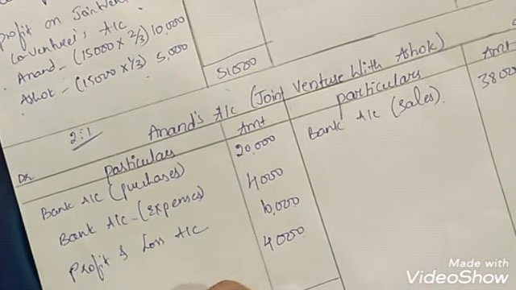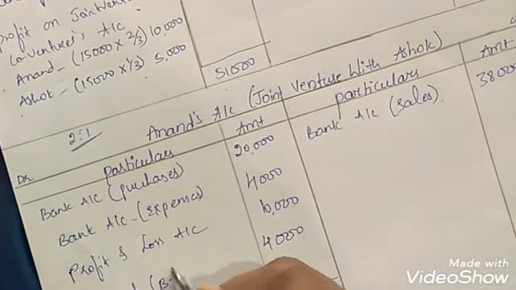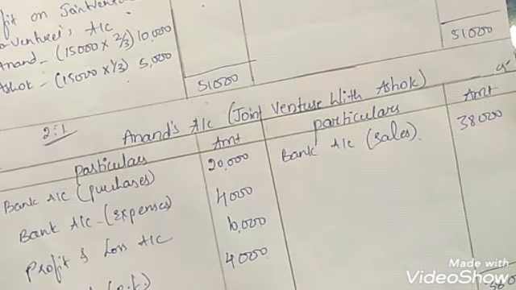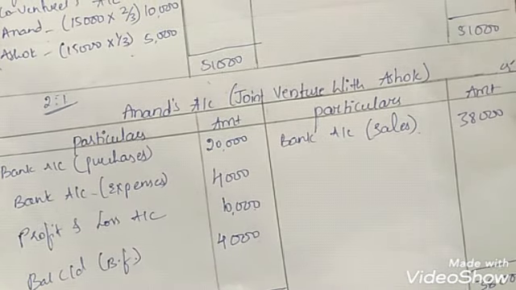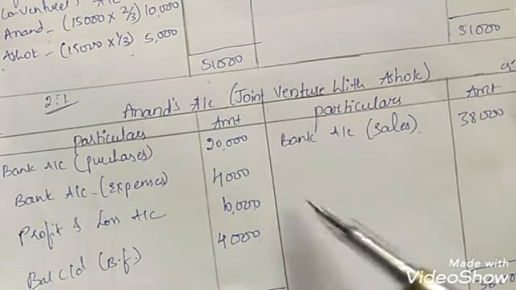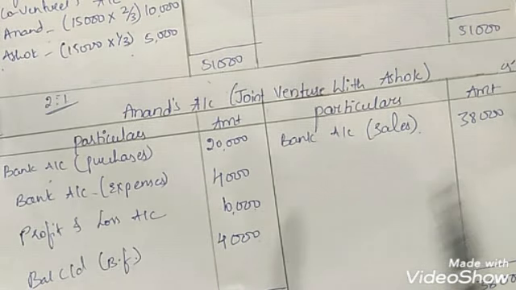We call it balance carried down or balancing figure. Clear? So just take the transactions made by Anand, then close the accounts by totaling, check which side is bigger, and we will get a balancing figure either on the debit side or on the credit side, right?